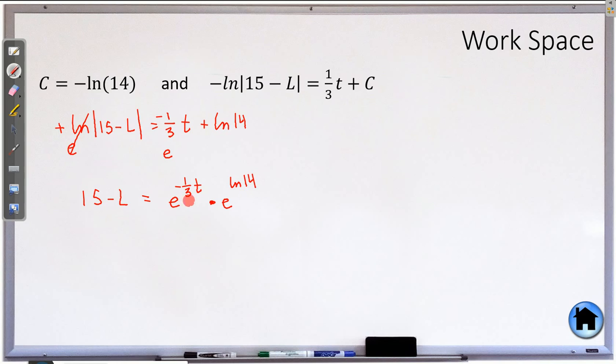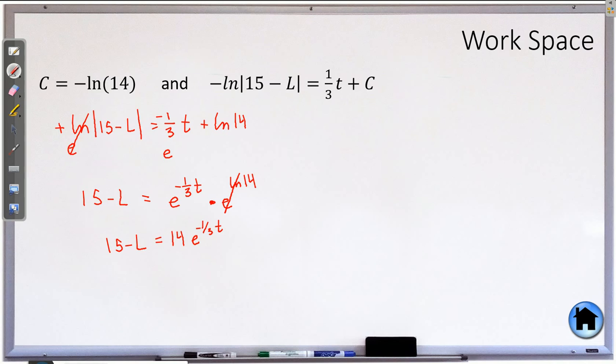If we were to simplify this, we would simply add the exponents. But writing it this way shows me that the natural log and the e cancel out. So we're actually just left with 14 in front, e to the negative 1/3 t is equal to 15 minus L.